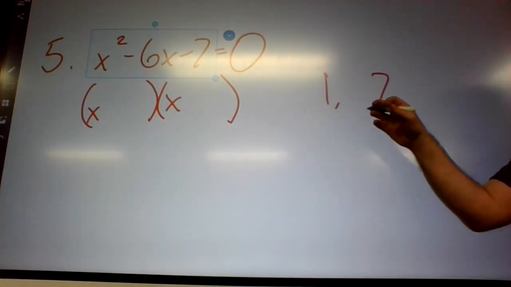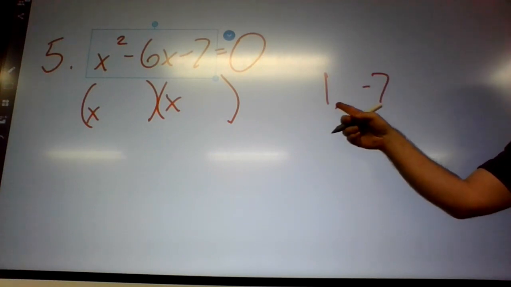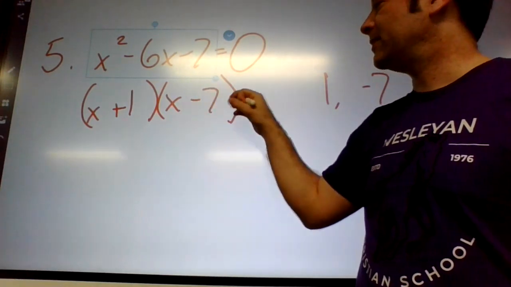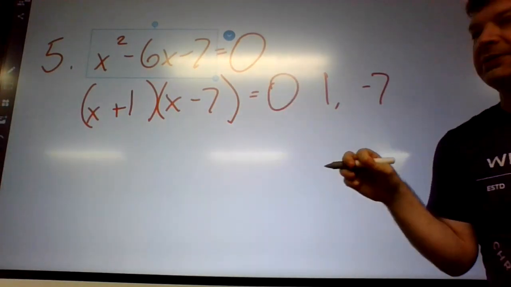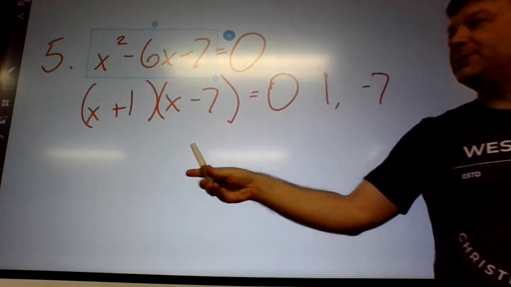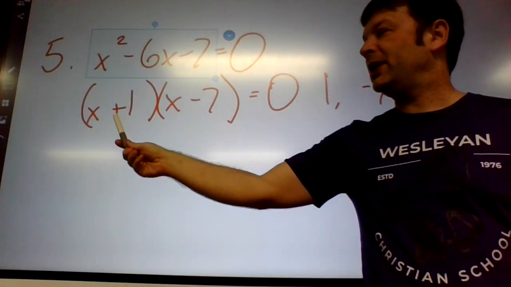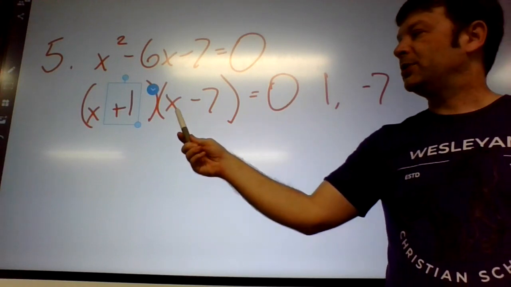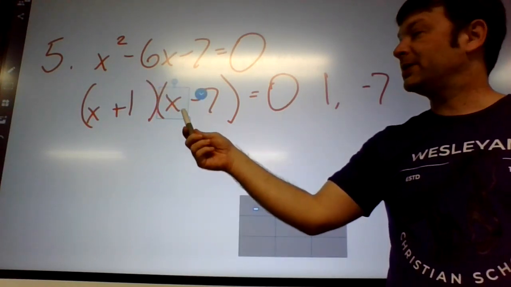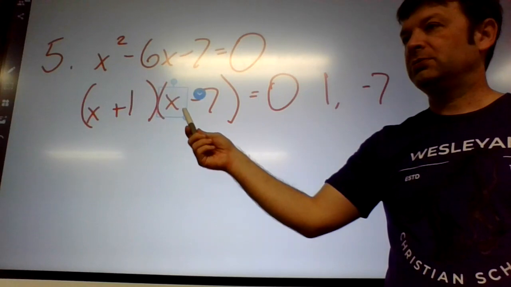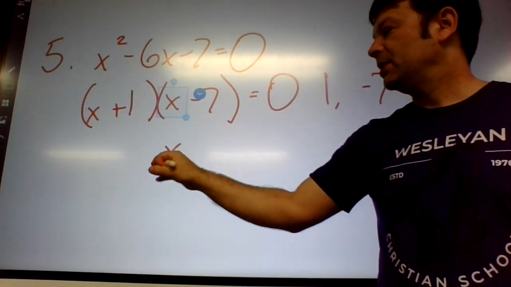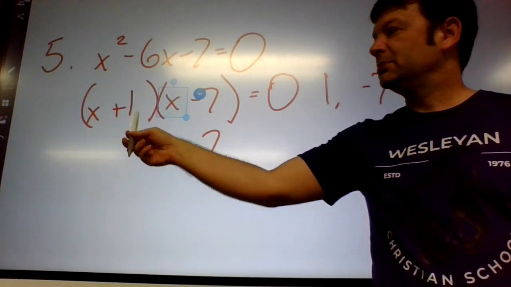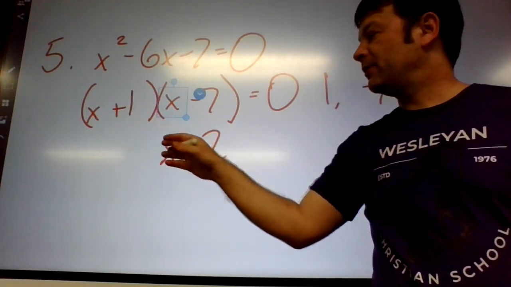Right. Yep, exactly. So it's plus 1 and minus 7. Now that's not the answer, that's just the factoring part. So the answer is kind of the opposite because it's what x values make these equal 0. So what could I put in for x here to make this 0? 7. Yep. So it's 7 and negative 1. Because negative 1 plus 1 is 0.